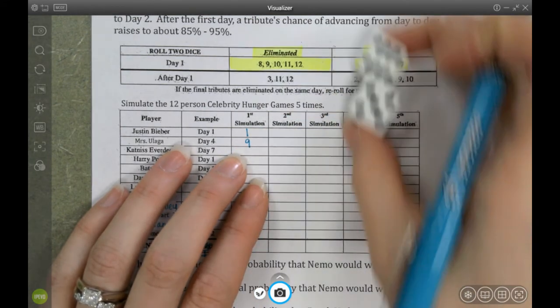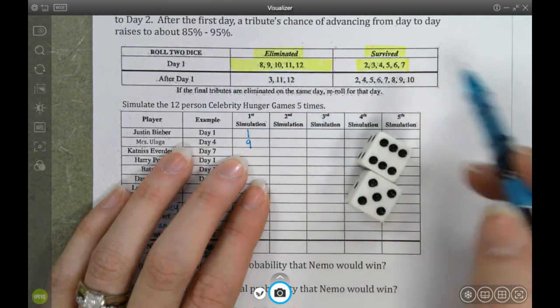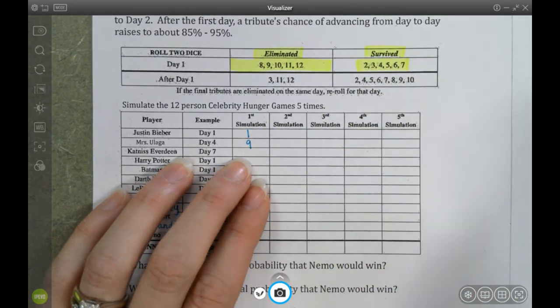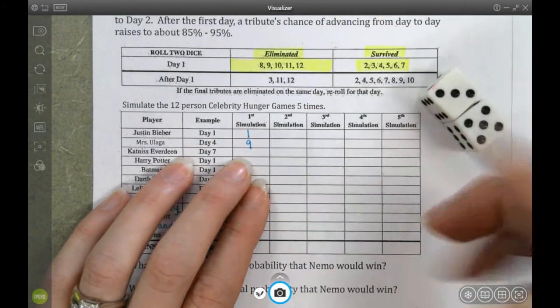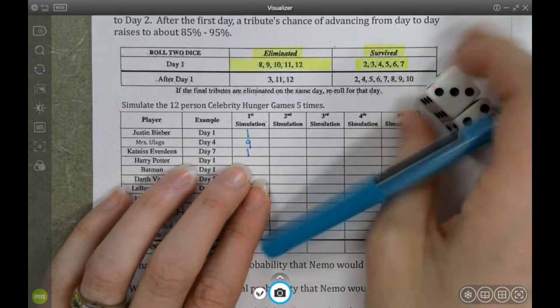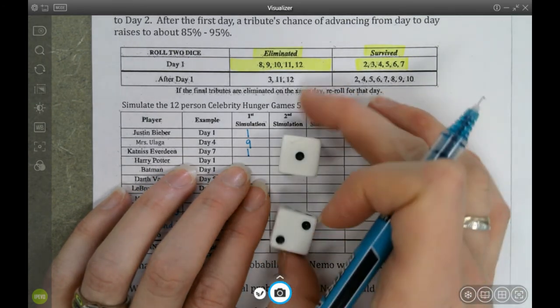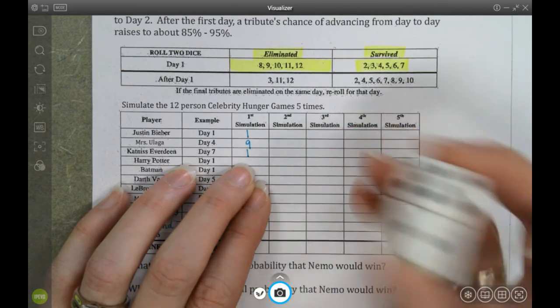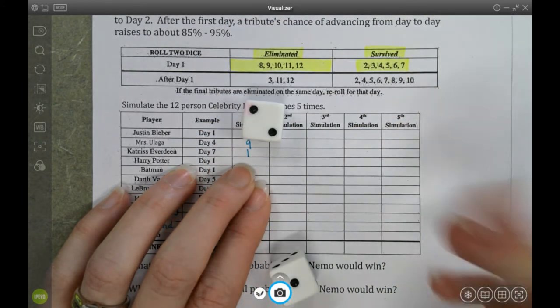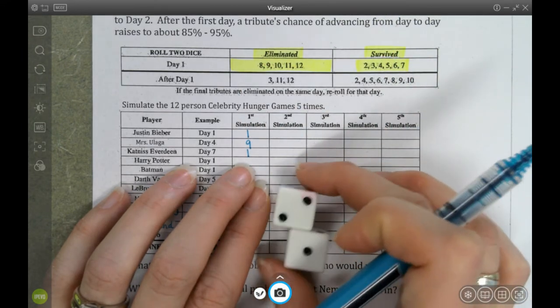So you keep rolling those dice until you get a 3, 11, or 12. For Katniss, day 1, I rolled an 8, so she dies on day 1. Harry Potter, we have a 3, so he survives day 1. 7, day 2. He dies on day 3.